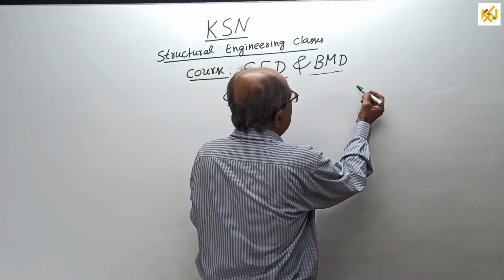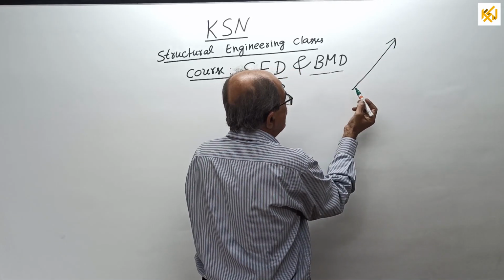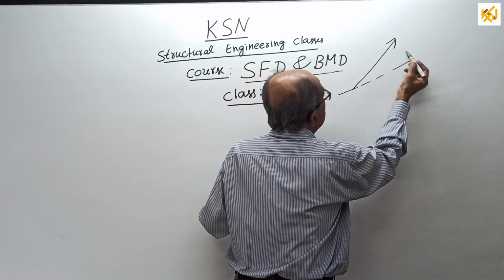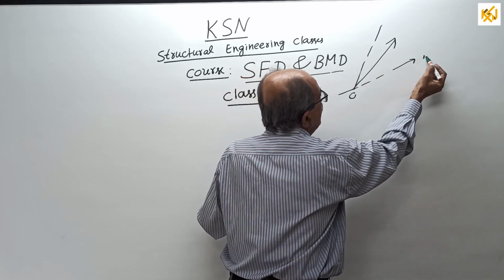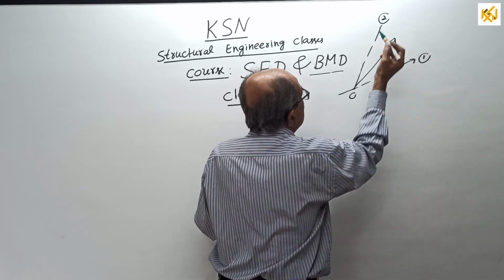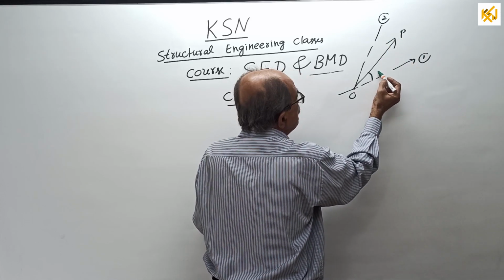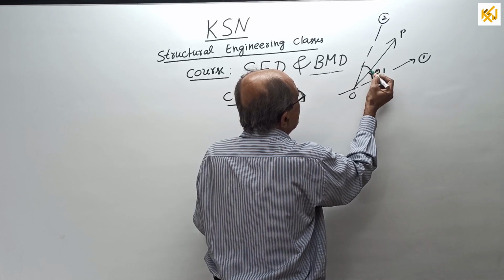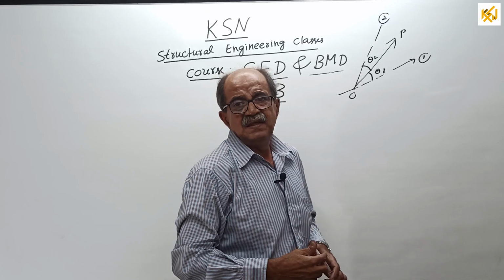See, if a force is acting like this, in case two directions are given, say OX 1 and OX 2, and the force is P, I took one angle as theta 1 and the other as theta 2. I don't remember what symbol I had taken, maybe theta 1, theta 2.